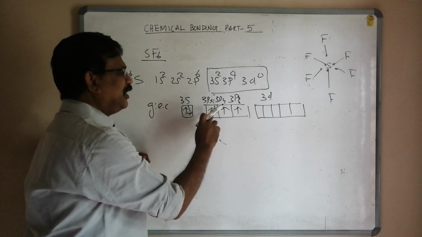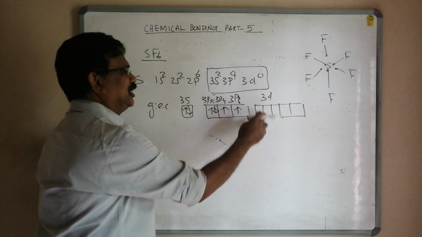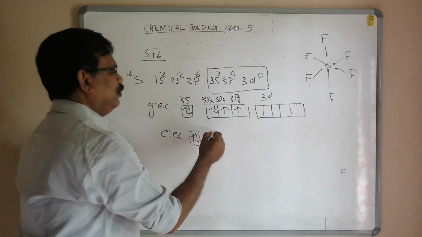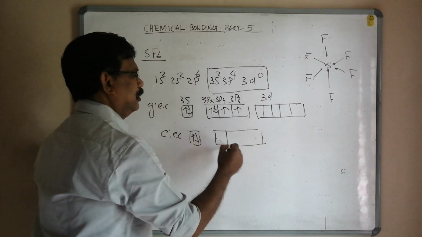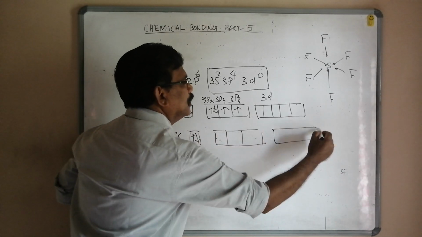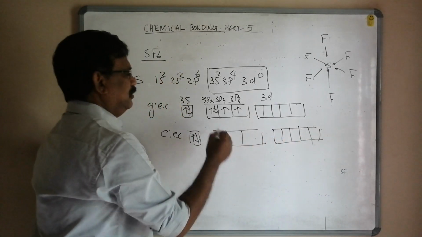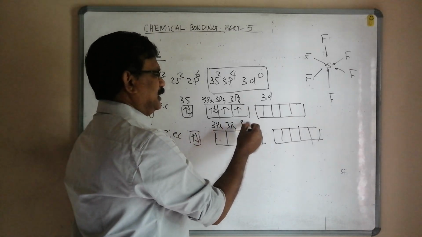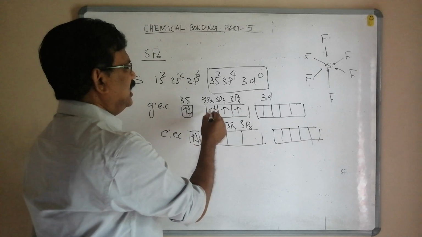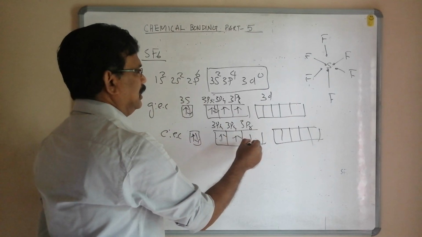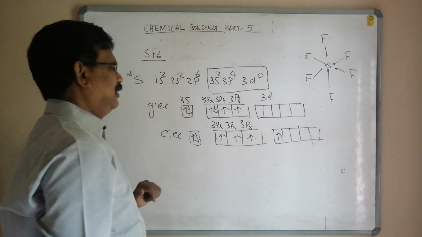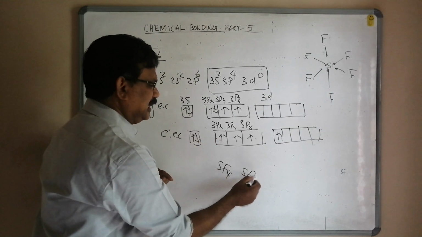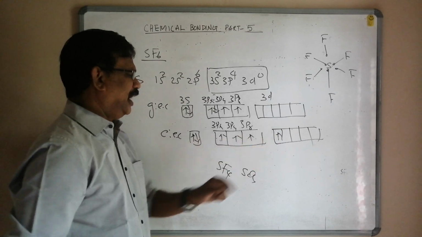To produce SF4, an electron is promoted to this shell. Excited state electronic configuration: 3s2, 3px, 3py, 3pz, and 3d. In this state, sulfur can produce SF4 or SCl4, valency 4.